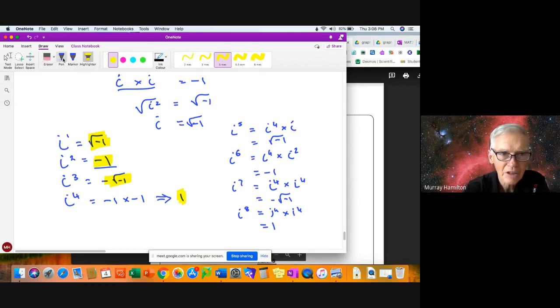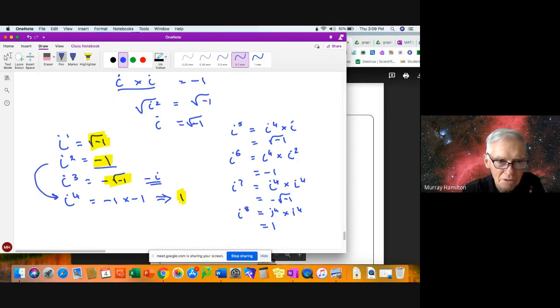We could write i cubed as being negative i, because the square root of negative 1 is i. And this one here is the same as i. So when we have an even power of i, it's either negative 1 or positive 1.